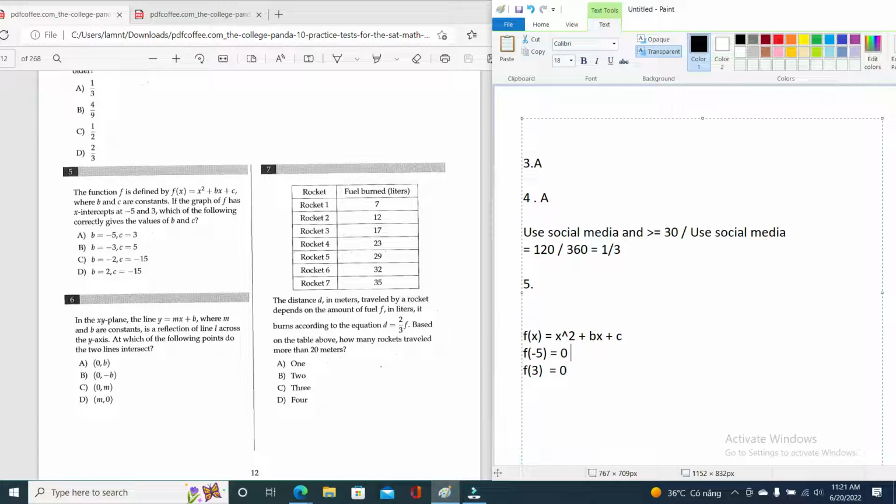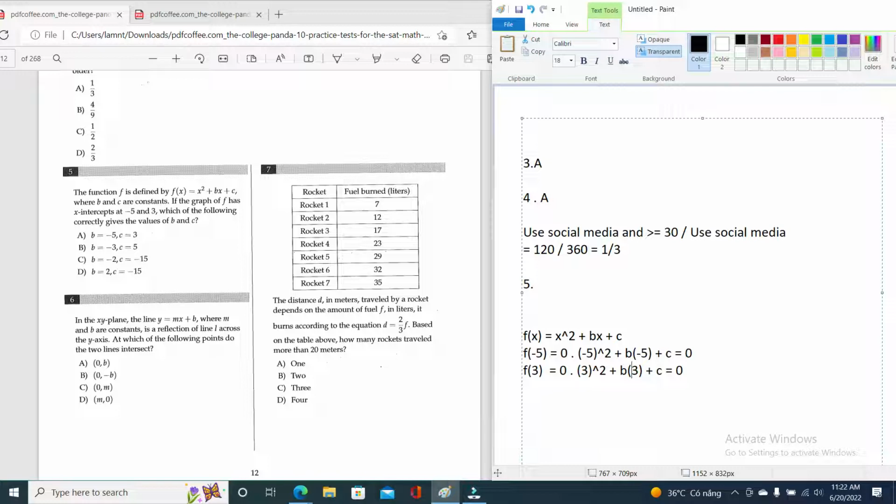So this in turn gives minus 5 squared plus b times minus 5 plus c equal to 0, and 3 squared plus b times 3 plus c is equal to 0.